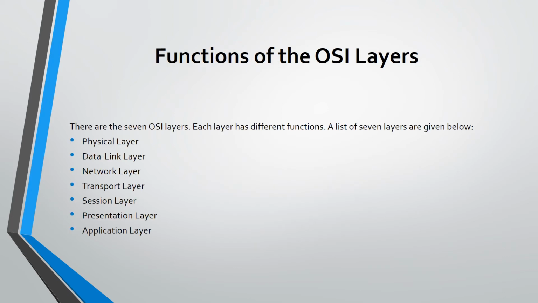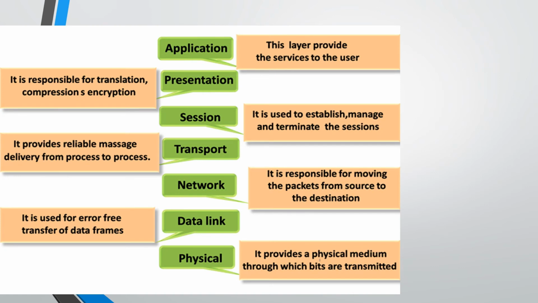As for the functions of the OSI layers, we see that there are 7 OSI layers, each with different functions. The layers are as follows: the physical layer, the data link layer, the network layer, the transport layer, the session layer, the presentation layer, and the application layer. The application layer generally provides the services to the user.